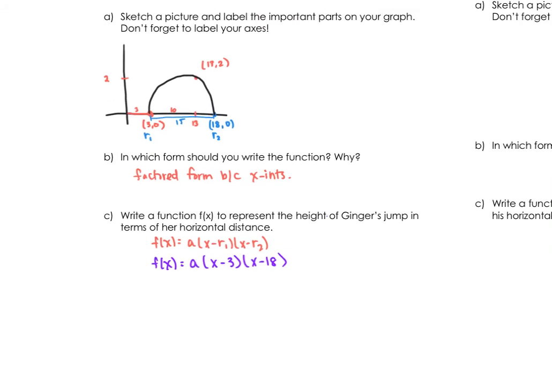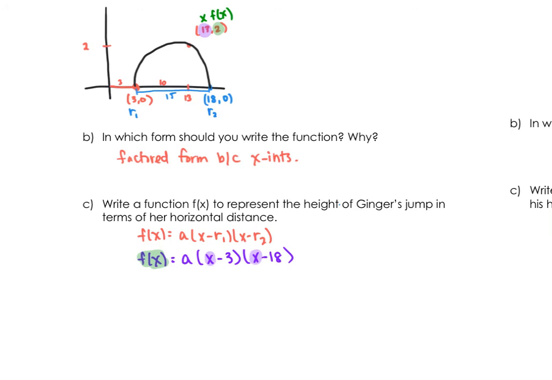To solve for a, we're going to use our other point. So we have this point right here. This is going to be our x and our f of x. We're going to take that and plug it in. So we're going to plug in 13 for x, and then we are going to plug in 2 for f of x. So our equation is going to be 2 equals a times 13 minus 3 and 13 minus 18.